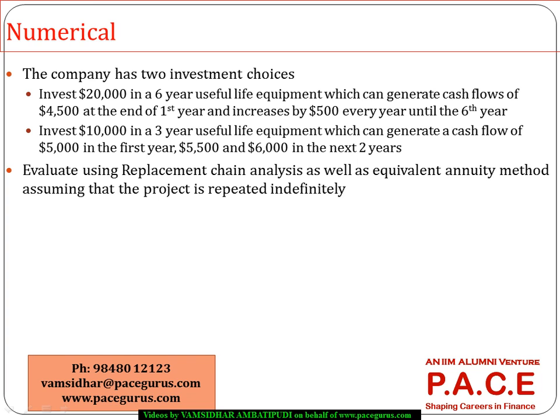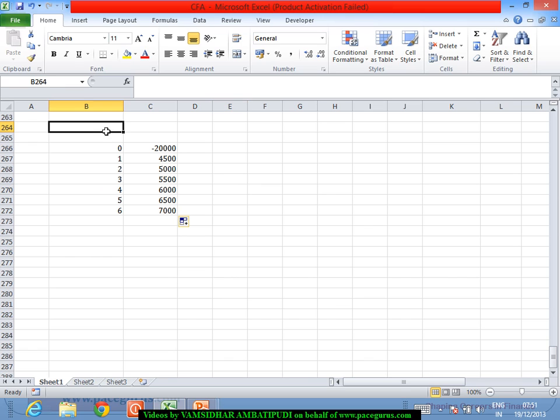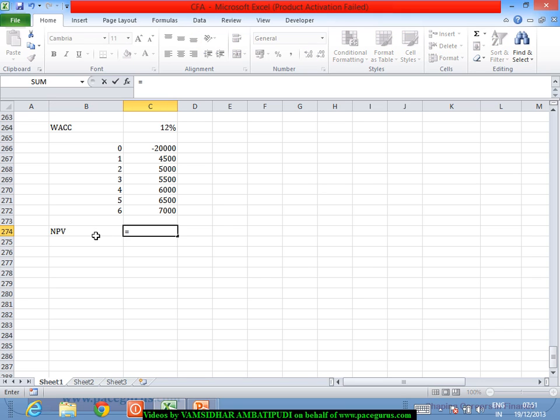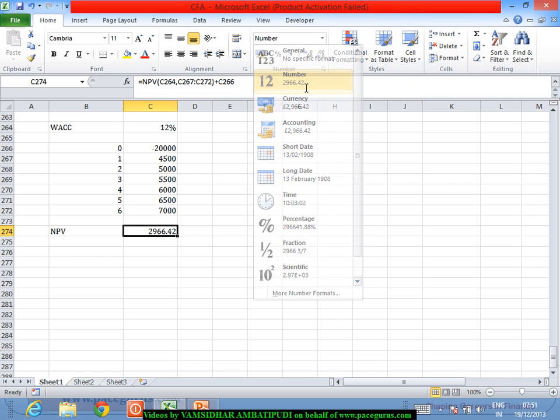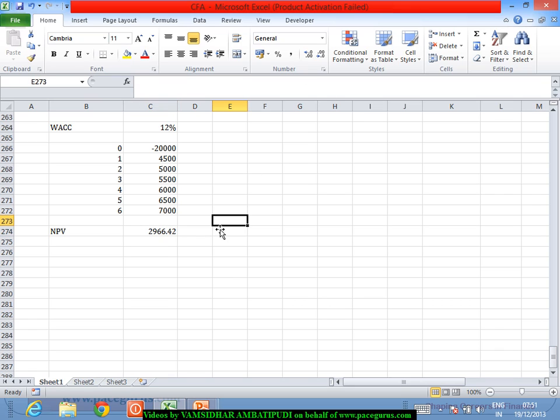If I have to assume some cost of capital, probably I'll assume that the cost of capital for this is 12%. So in this case, I will land up with an NPV of, let me convert it into numbers, 2,966, which is positive.